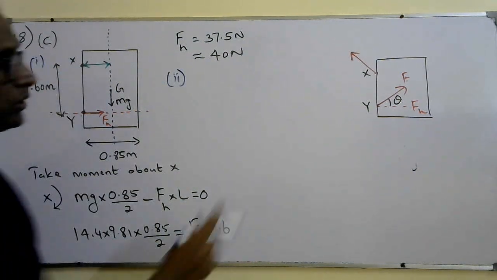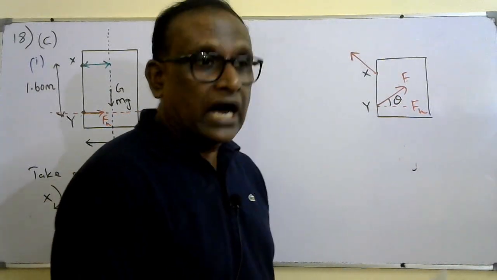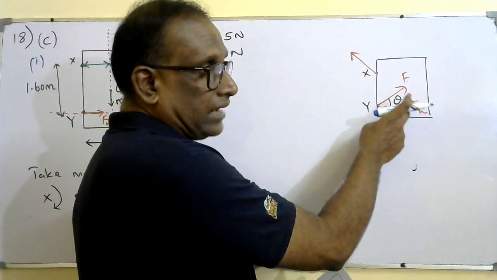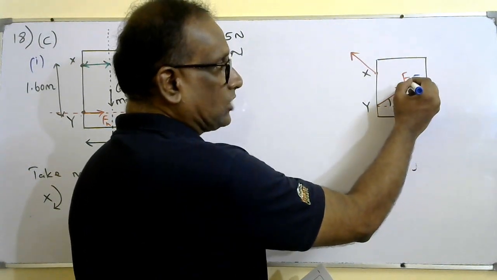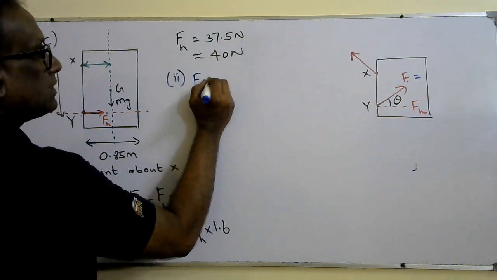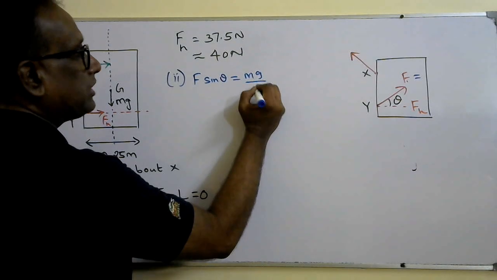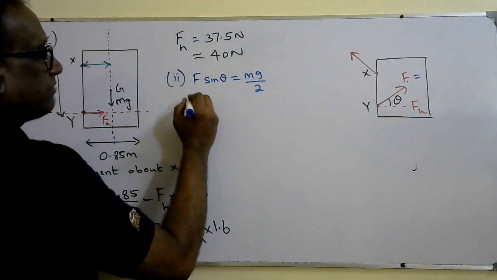The vertical component of the force is half of the weight, since each hinge carries half. So F sin theta equals mg by 2.